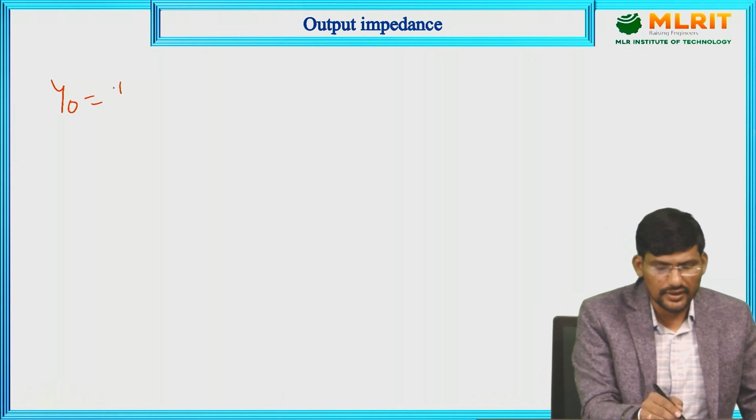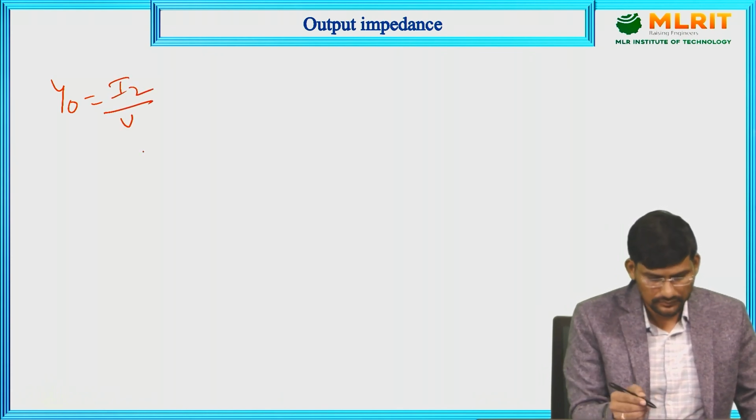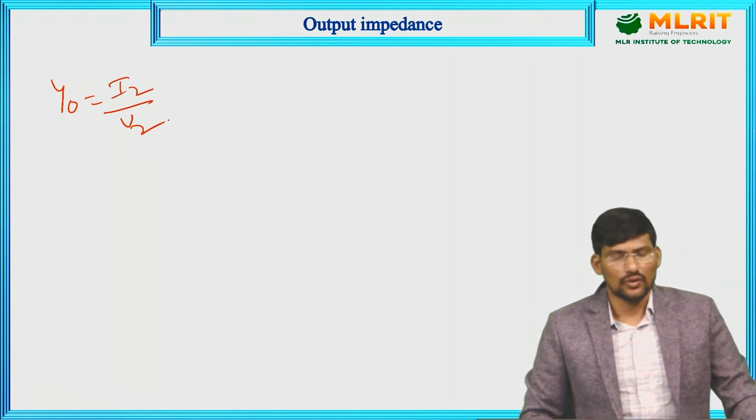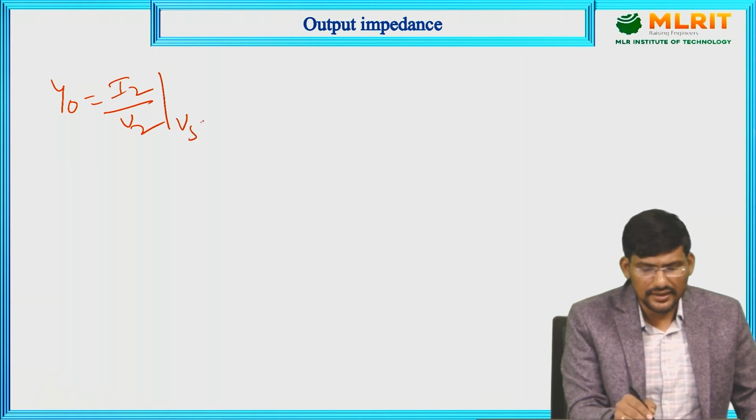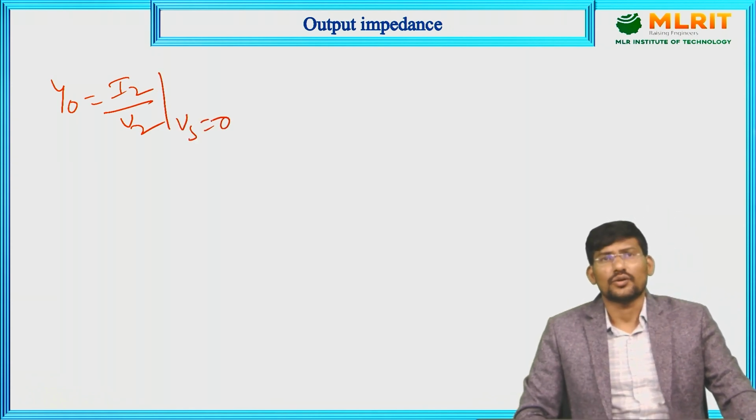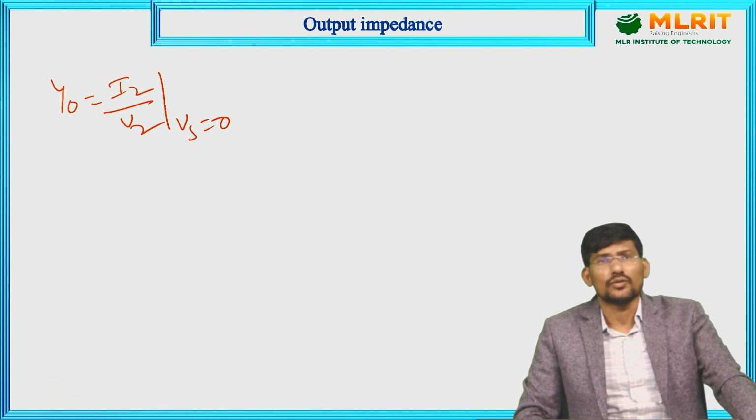What is output admittance? It is the ratio of output current to the output voltage, by considering the input side voltage is equal to 0. Why are we considering the input side voltage is equal to 0?